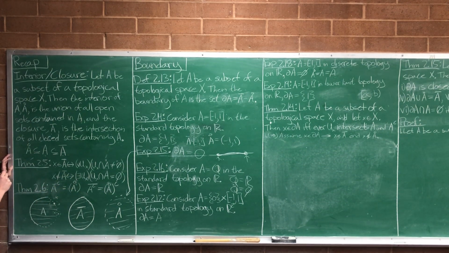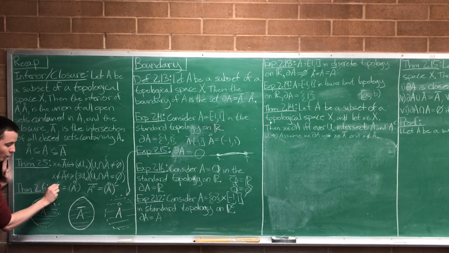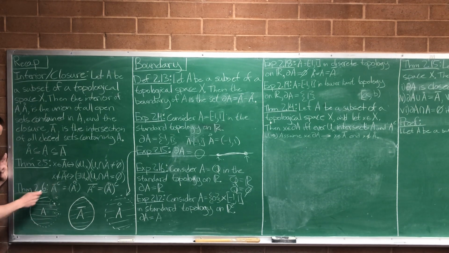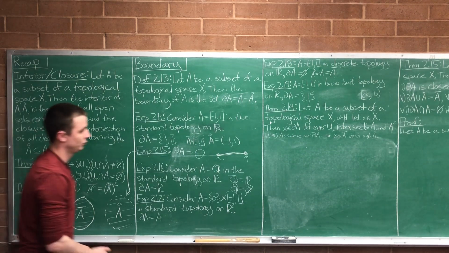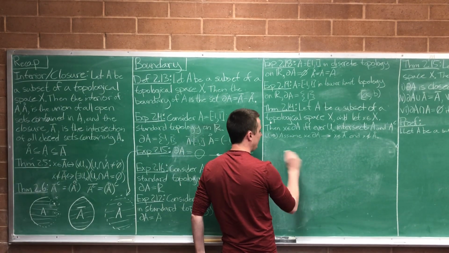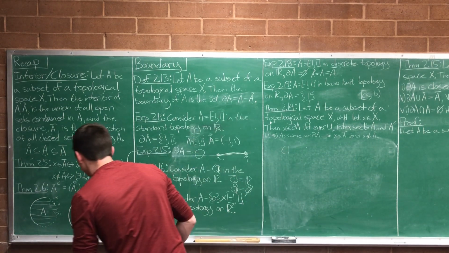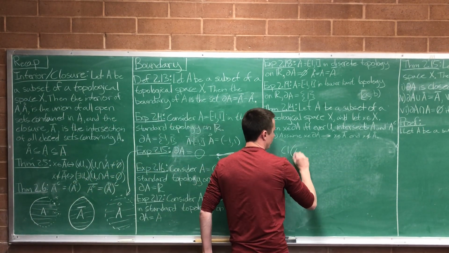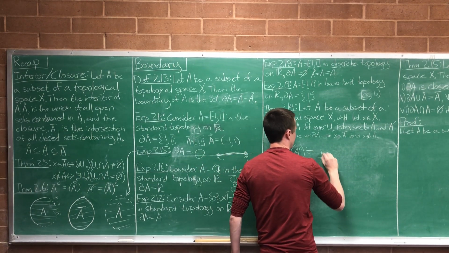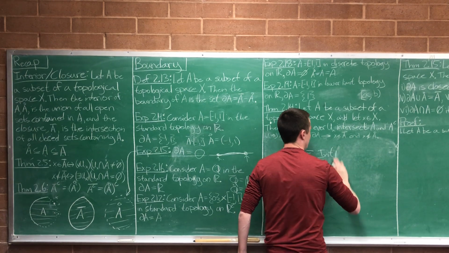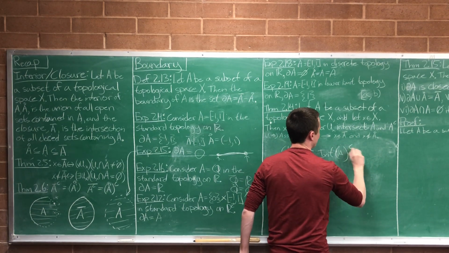Okay, I said everything right. When I pull my complement inside, notice we're doing the closure and then the complement, right? So if I want to do my complement first, then it switches my closure to an interior. One way to think about it is, if we write these out as functions, I'm doing the closure on A complement, which is the same thing as the interior of A complement.